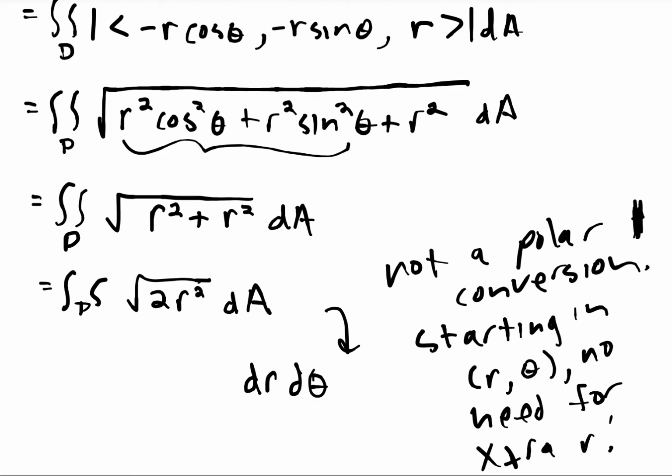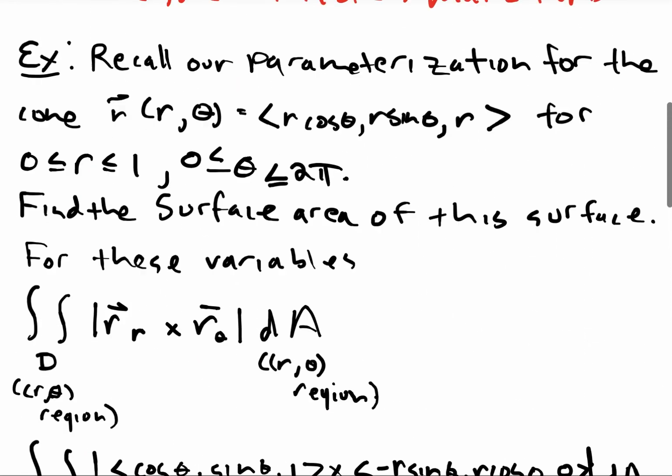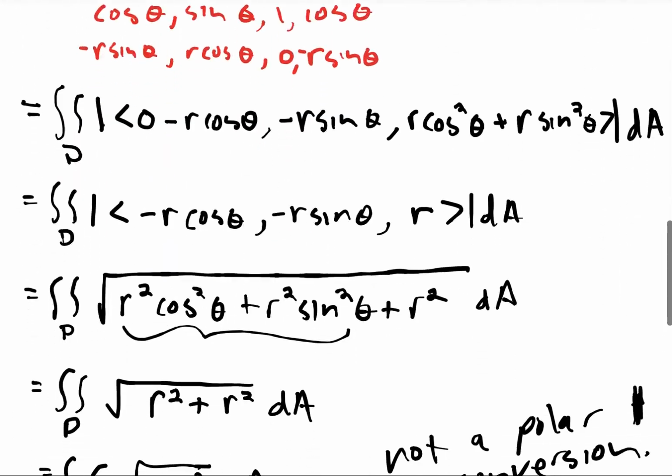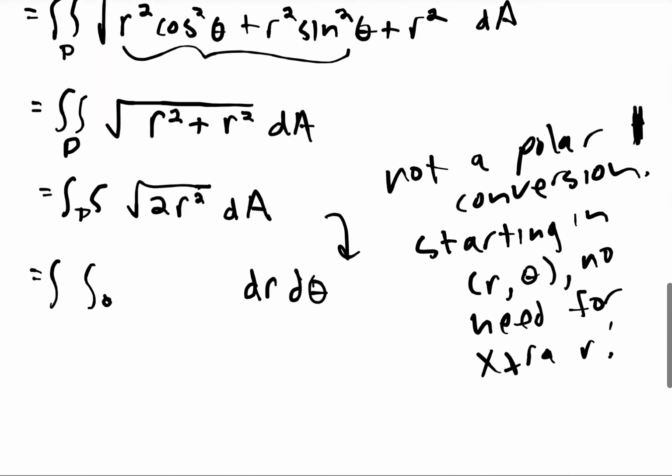Just a dr d theta. And then I have to match up the bounds to that. The inner bounds were the ones on r. I told you guys r is between 0 and 1, theta is between 0 and 2 pi. So if I do that, this is what I'm integrating.